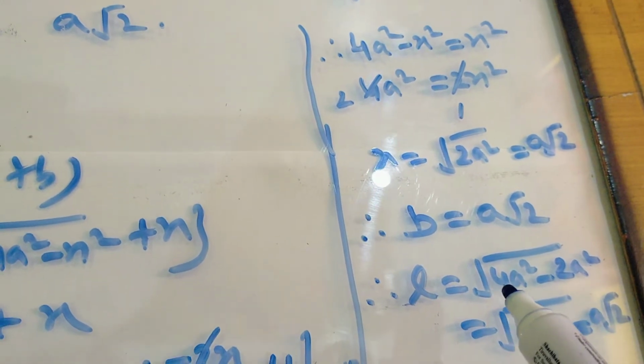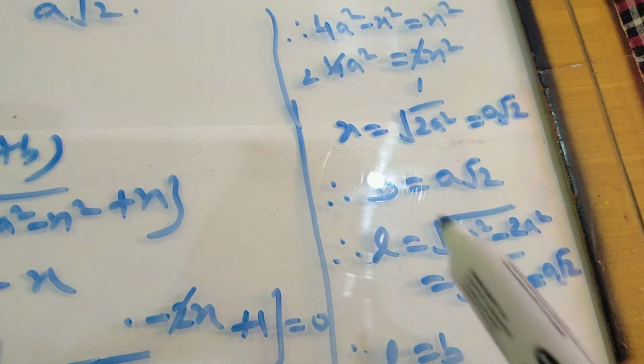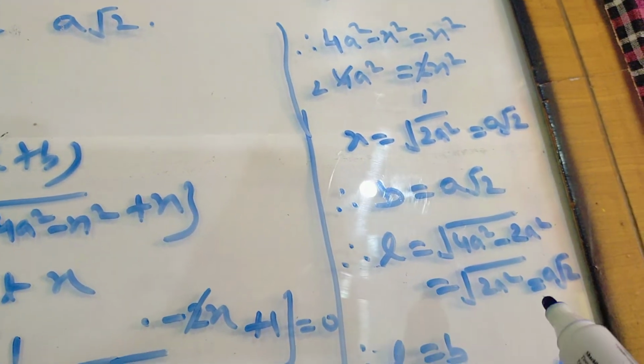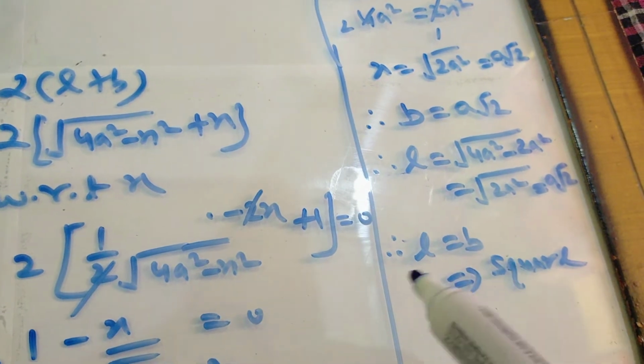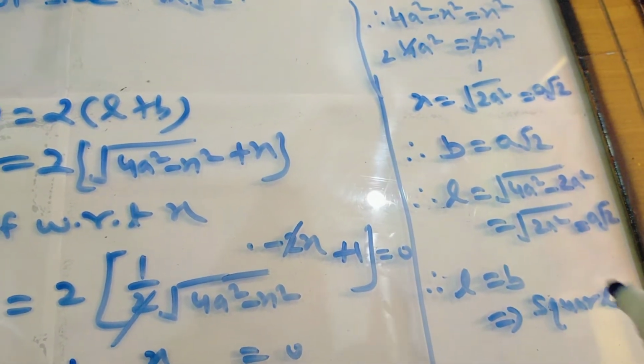So it is 4A square minus 2A square, which is 2A square. Again it has come as a root 2. So the breadth is a root 2, and the length is also a root 2. So you can say length and breadth are both equal. Hence we can say it has been proved that it is a square.